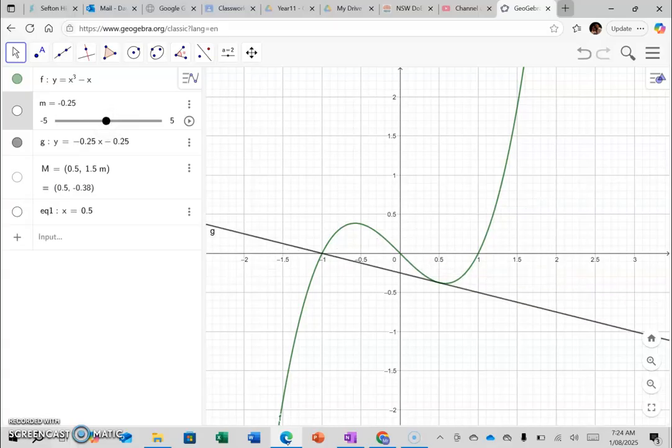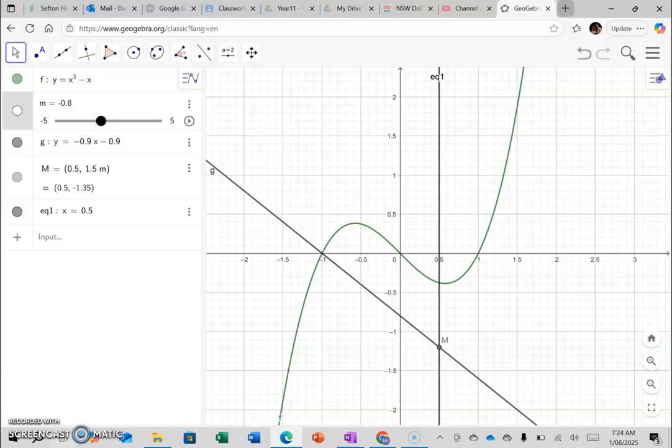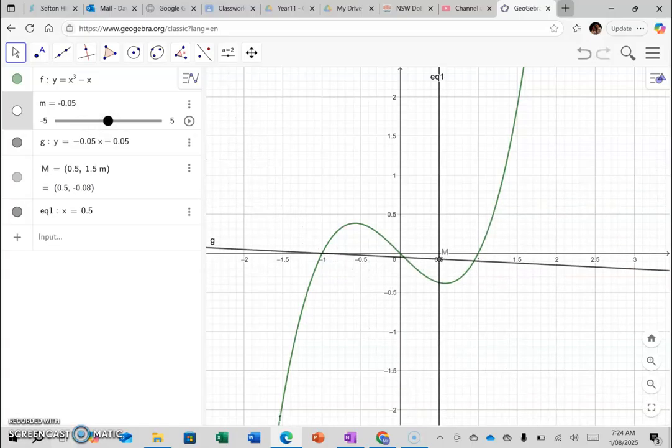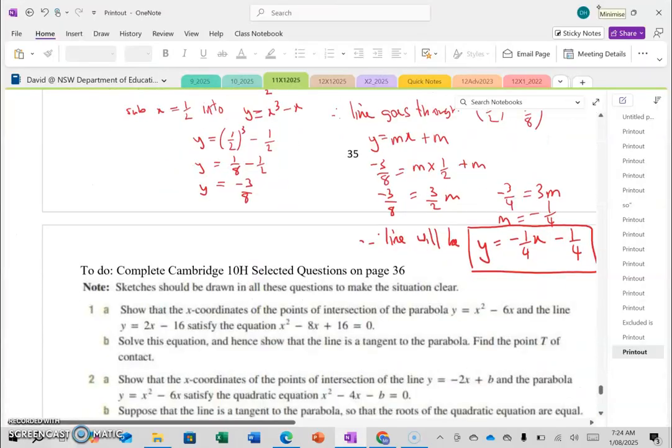We can see that it's tangent when x is 0.5. Okay, nice. Another thing I did is the previous, a couple of parts ago, we saw that the midpoint always occurs at x equals 0.5. So let's vary a little bit, and you can see that midpoint moving on x equals 0.5. All right. So all the maths checks out.